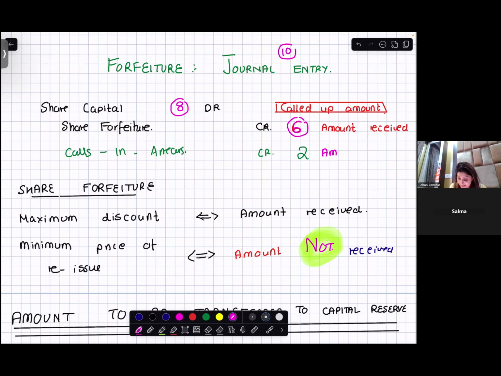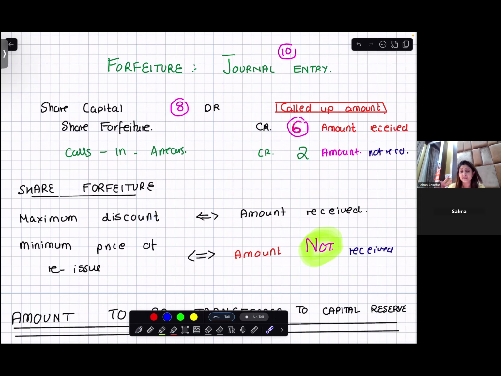Now, there are some terms that you need to understand. After forfeiting the shares, you are going to reissue the shares or just cancel the shares. No problem. If you're going to reissue your shares, there are these two things that they normally ask you. The first is the maximum discount that you can give at the time of reissue.